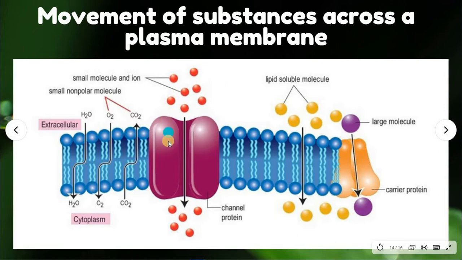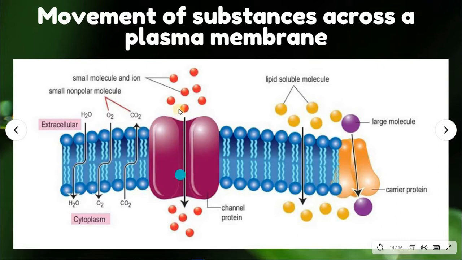This is facilitated diffusion. Why facilitated diffusion? As you can see here, there is a higher concentration of the solute here and a lower concentration here.